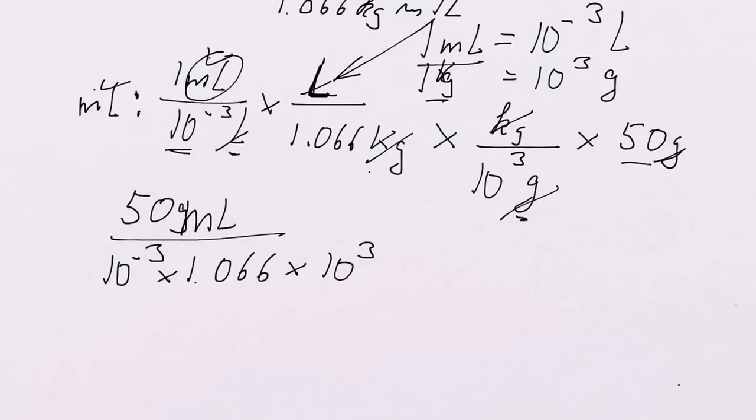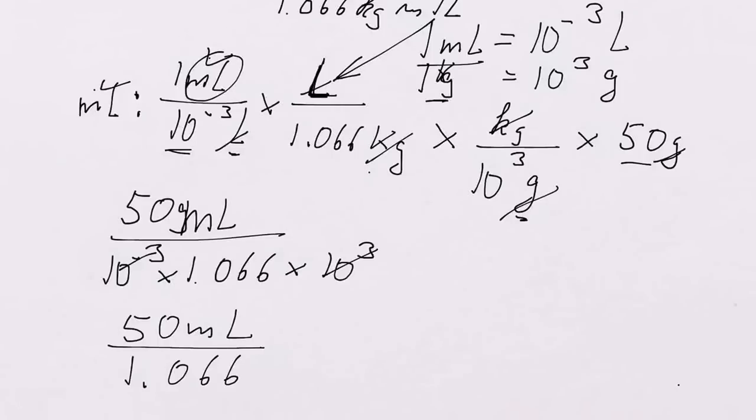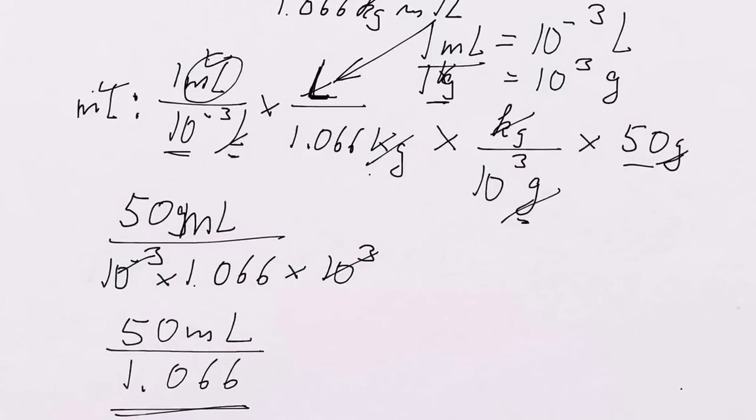And now conveniently, this basically cancels out with this, and we have 50 milliliter divided by 1.066. And you can calculate that yourself, so basically that would be our answer here.